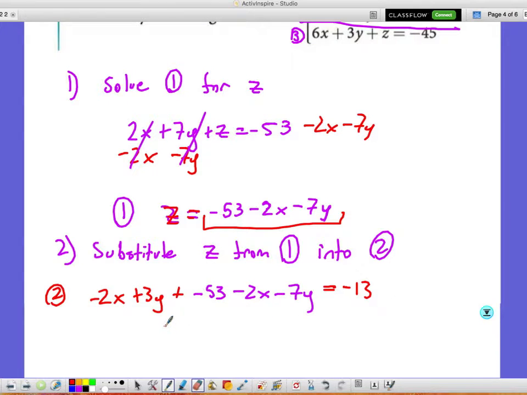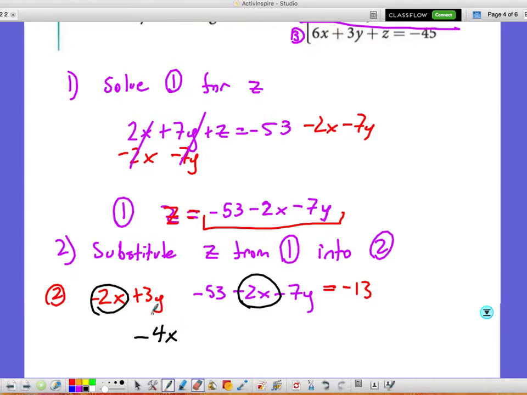Now I want to simplify. We don't need this plus here; it's just telling me I'm subtracting 53. I have negative 2x and minus 2x, and combining like terms gives me minus 4x.